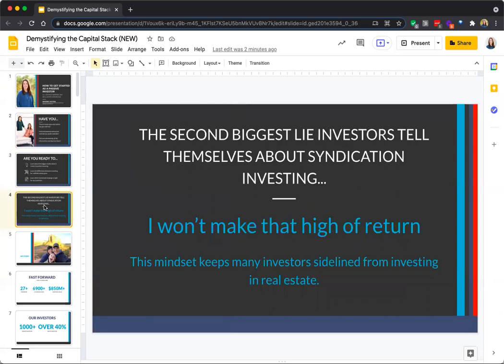But let's talk about one of the biggest myths that investors tell themselves when they get into passive investing, and that is that they feel like they won't make that high of a return. We've gone through several different scenarios in which that just doesn't hold true, especially if you are taking great care to underwrite the operator, the market, and the deal.